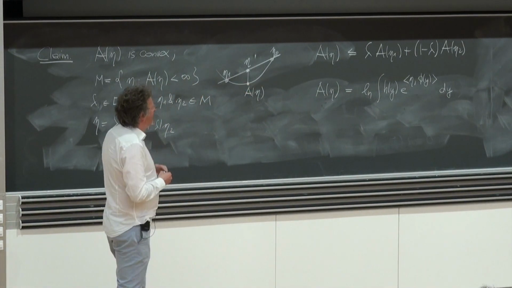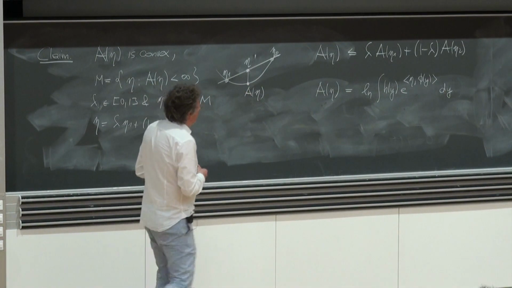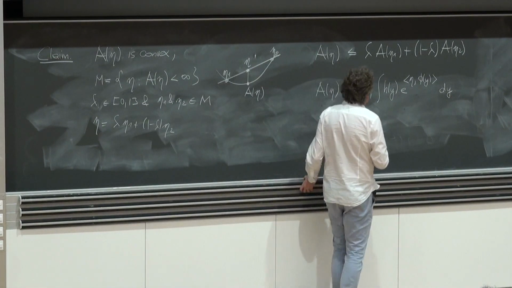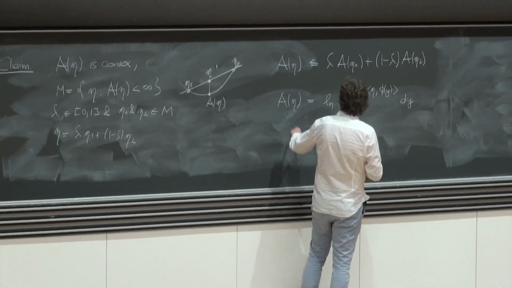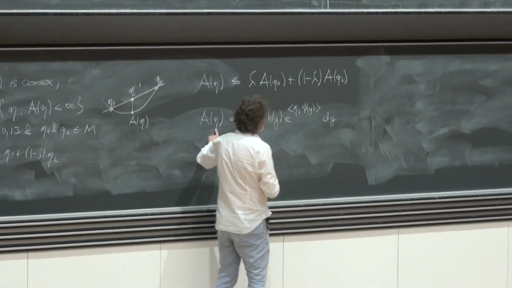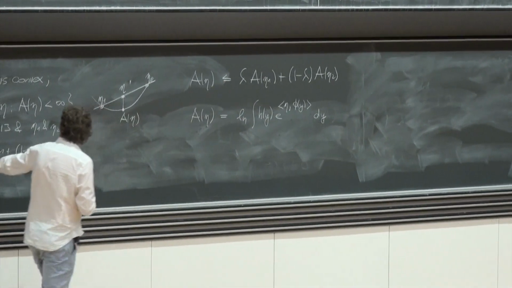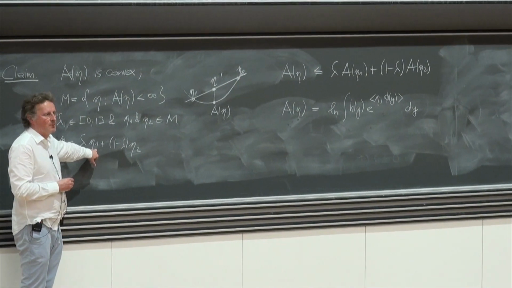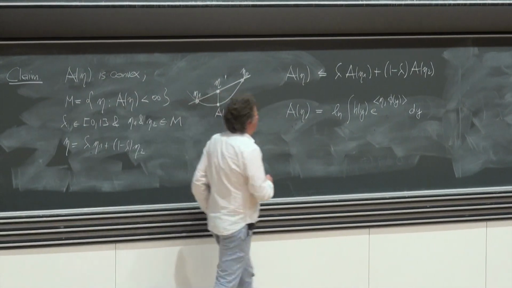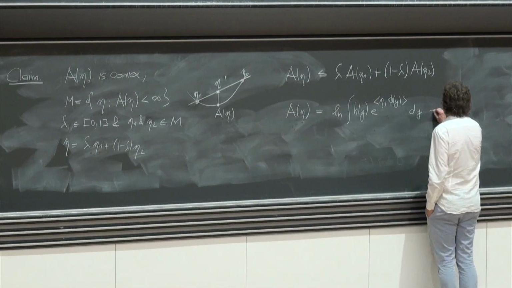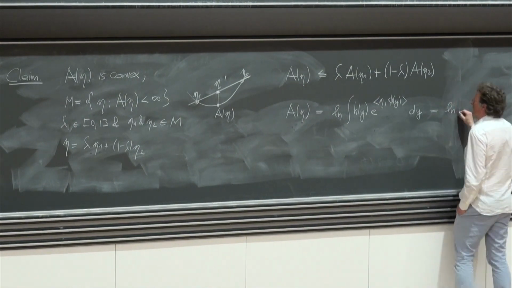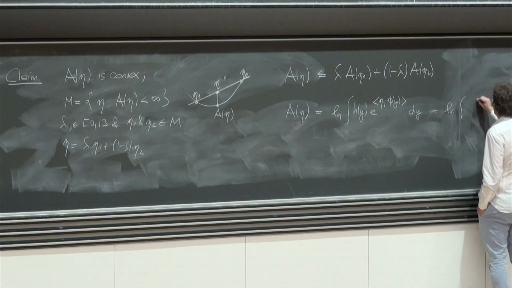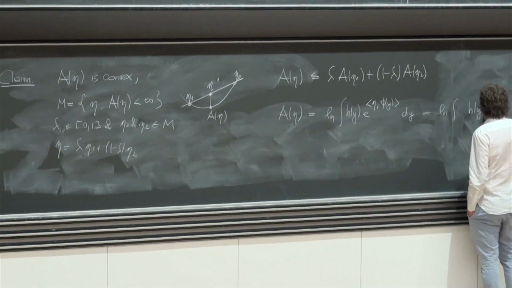So now, what do we want to show? Let's write down explicitly what this is. If this eta is equal to this thing here, let's expand it out and write this down in a slightly funny form. So we have the ln, we have an integral, we have an h of y.